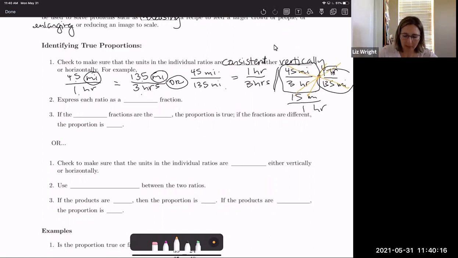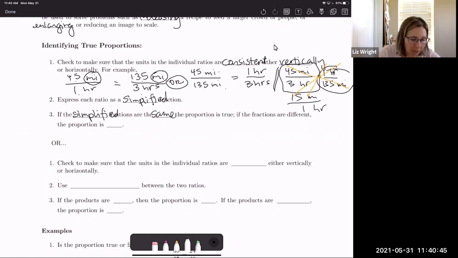All right, so here we can express each ratio as a simplified fraction. If the simplified fractions are the same, the proportion is true.